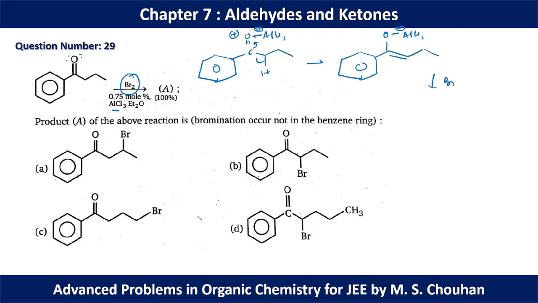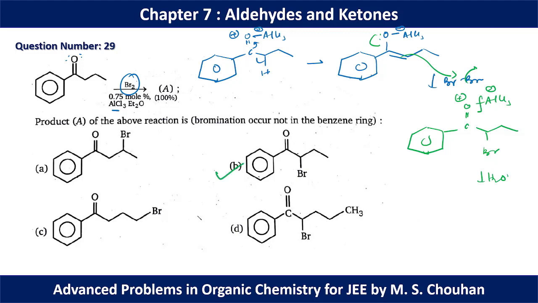Now it can react with bromine this way. So we can have a situation where we have C double bond O, AlCl3 plus minus C. The aqueous workup will give this type of dissociation and the final molecule will look like option B. So for question number 29, option B should be the correct option.